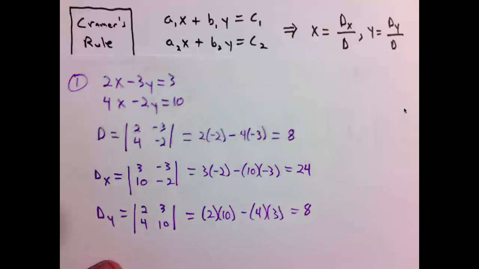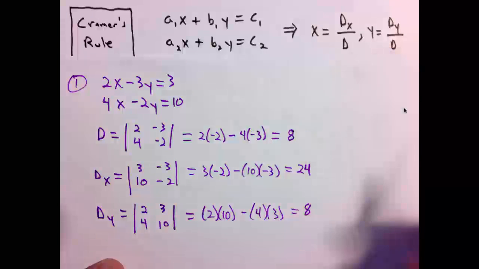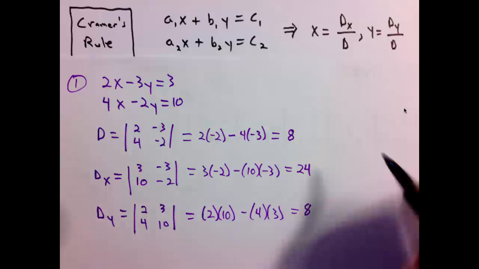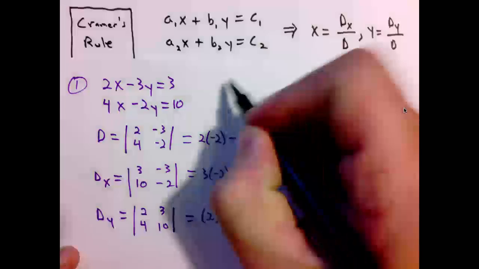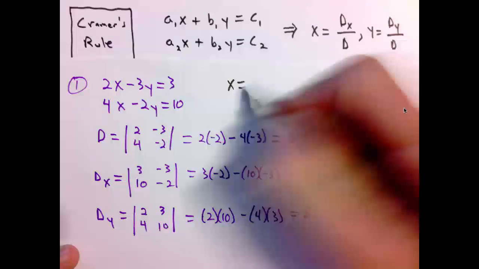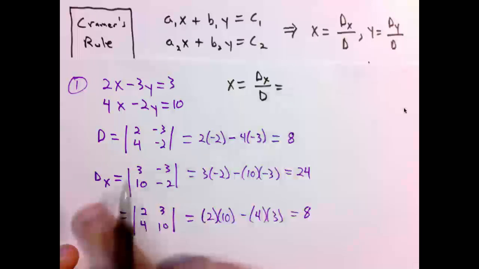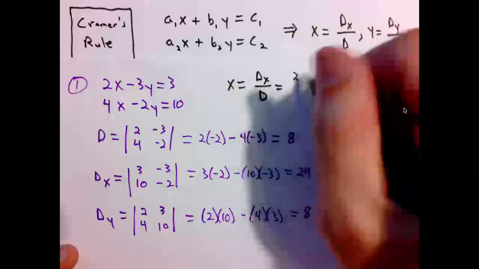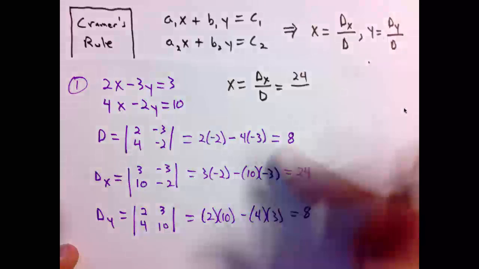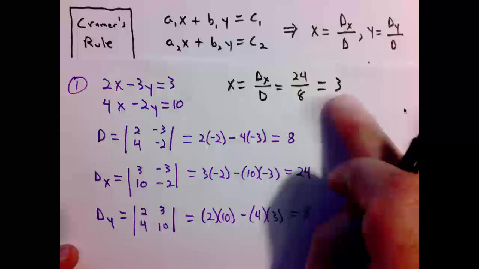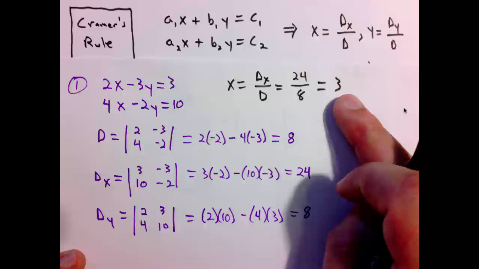All right, so we're now ready to find both the x and the y. So x equals d sub x divided by d. So d sub x is 24. D is 8. 24 divided by 8 is 3. 3 is the x coordinate of my solution.